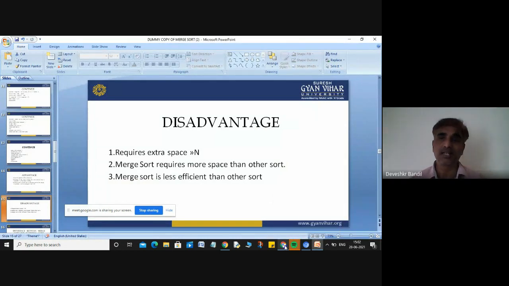If you use the selection sort or the insertion sort, they require little space. And if you use the merge sort, it requires large space compared to the other sorting algorithms, and your merge sort is less efficient than the other sorting algorithms. This is the disadvantage of your merge sort algorithm.